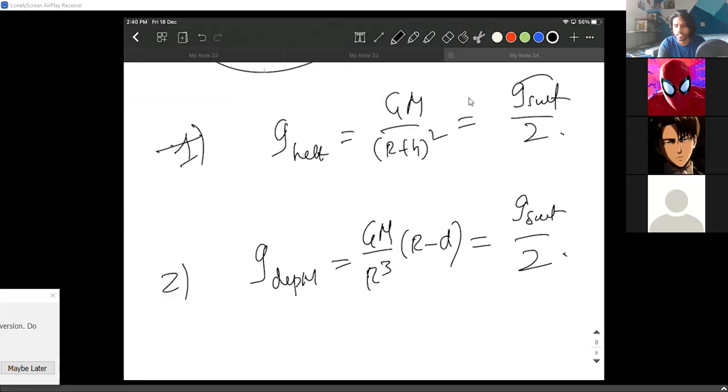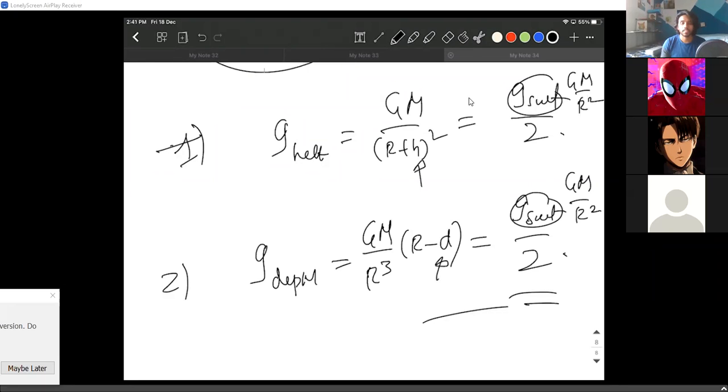And I put g surface as GM by r square. Once I solve these equations, I will find the height and the depth. So depth is half of the radius and height is root 2 minus 1 of radius. Those are the answers here.